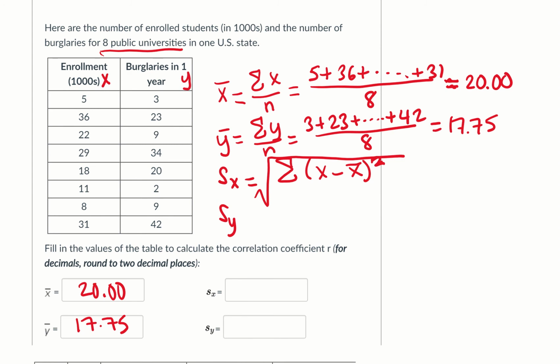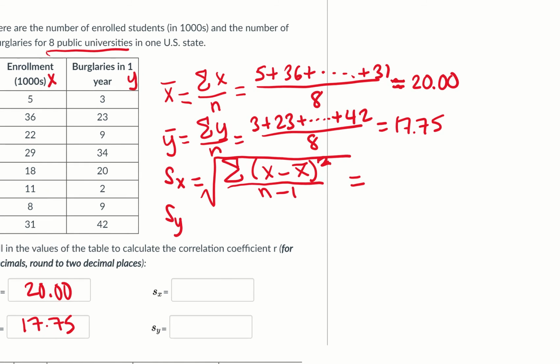This is why it's called deviation, because it's the distance from the value to the mean, and then it's squared, and you add them up, divide by however many you have, take away 1. Then you take the square root. The reason why you take the square root is to cancel out the squared, so that you end up having normal units instead of squared units. So in order to calculate this, you just got to use the formula.